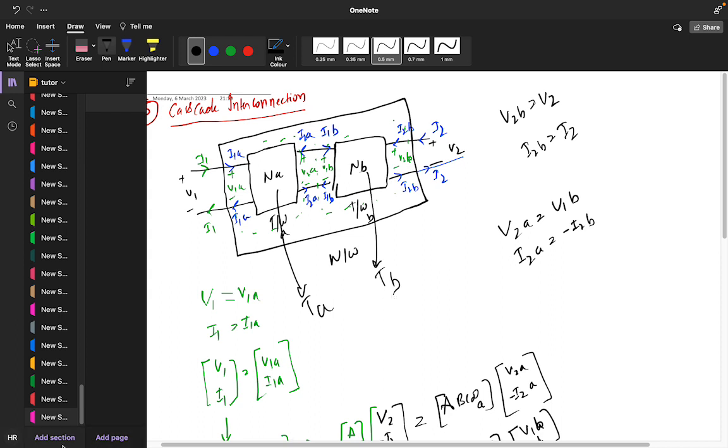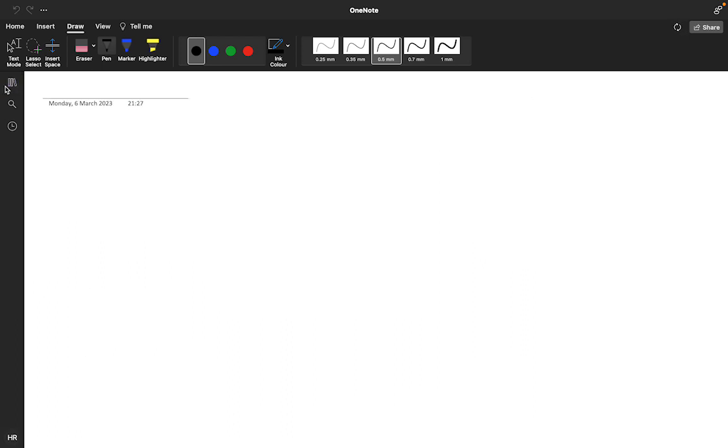So if you don't have any doubt, then solve this question. Find the Y parameter for the below given two-port network. Write the question.